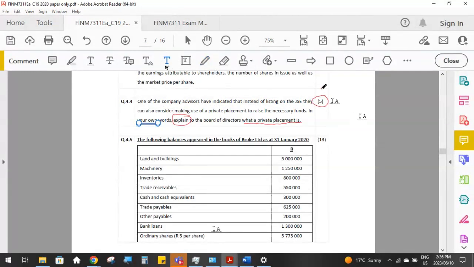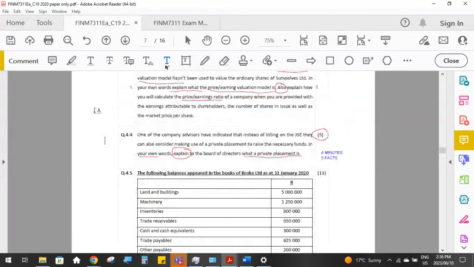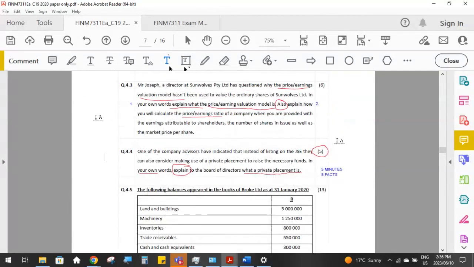So you have got 5 minutes to give me 5 facts to explain what a private placement is in order to get all 5 of those marks.